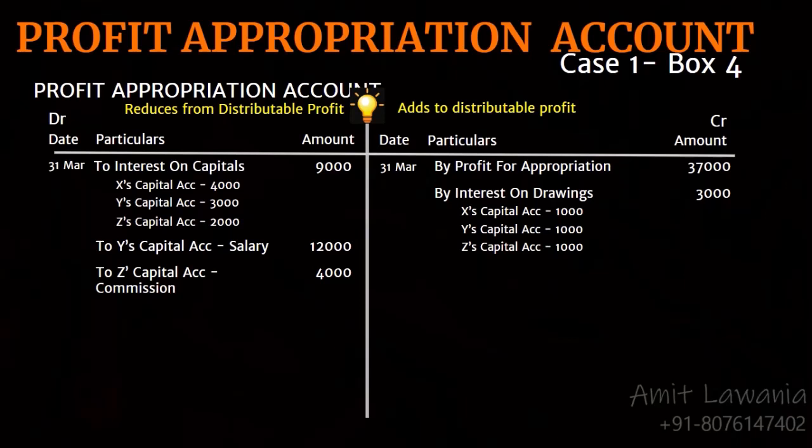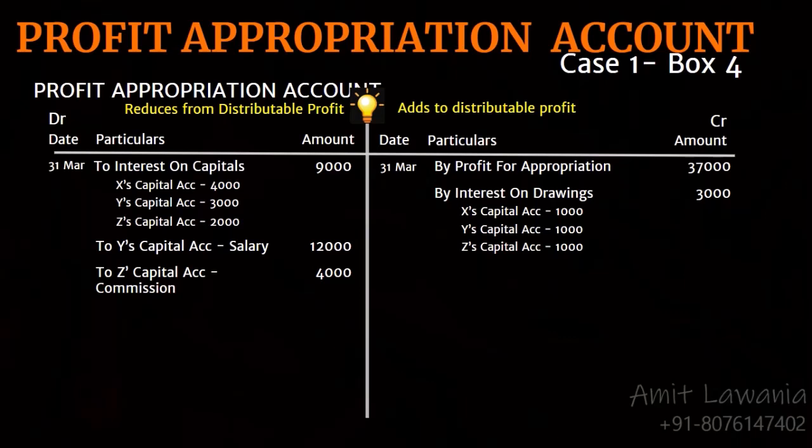Observe that the profit here came from box 1 and the adjustments for partners came from box 2. Since we had done the calculations already, we only had to write them here. Very easy. Also note that all the entries in this account are concerning the partners only.